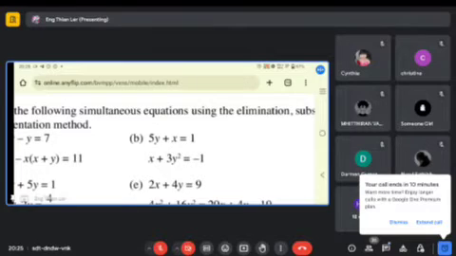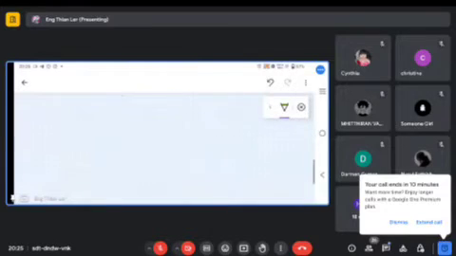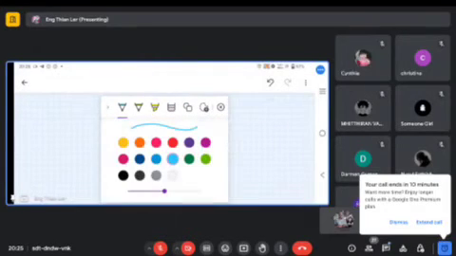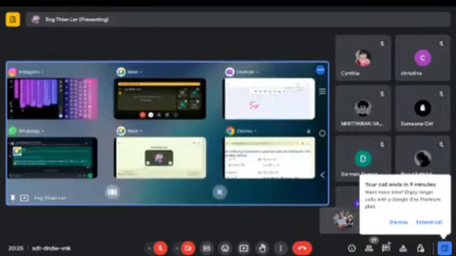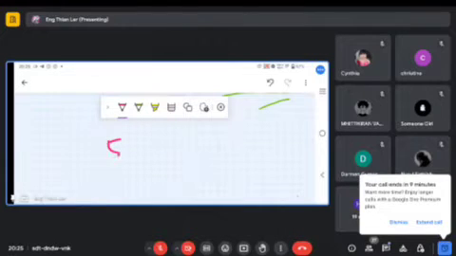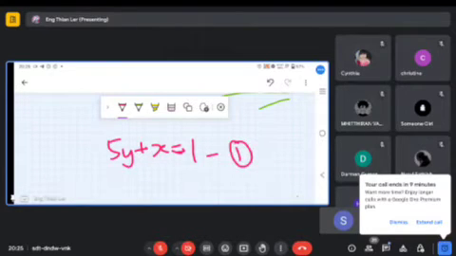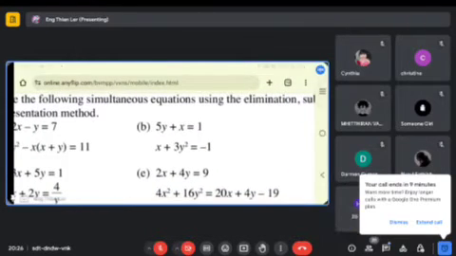Now I will write this on the board, and I will also give you all some time to do it. 5y plus x equal to 1. x plus 3y squared equal to negative 1.